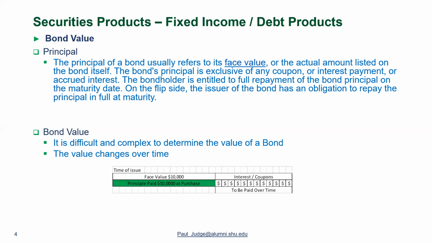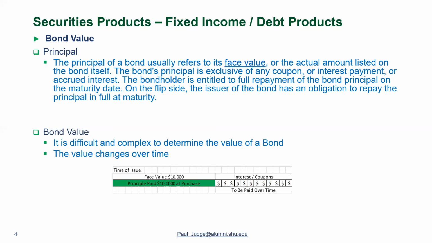So for example, if you have a bond and the principal is $10,000, the face value is $10,000, and it pays 6% interest, and this bond has none of the interest paid yet. So all the interest payments and coupons are still not paid.